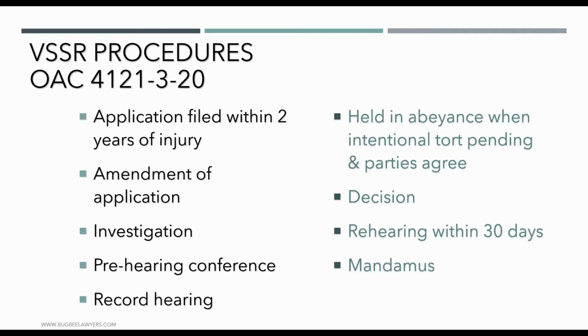So pretty much the decision of the SHO is going to be the decision of the commission with a very few exceptions. And then the only way you can challenge a decision of the commission in a VSSR is to file a petition requesting a writ of mandamus, usually filed with the Franklin County Court of Appeals, since the commission sits in Columbus.